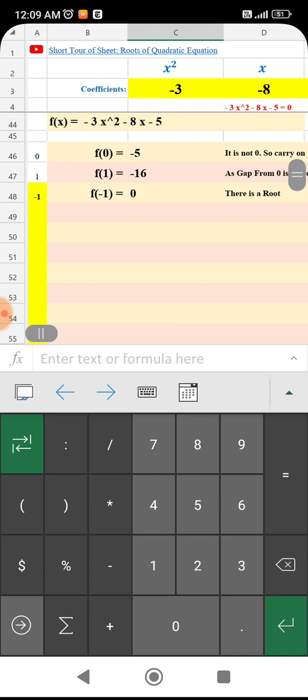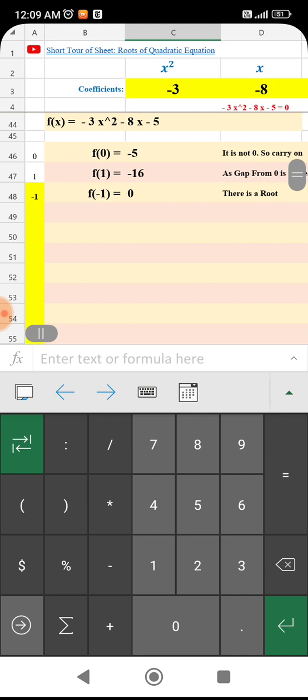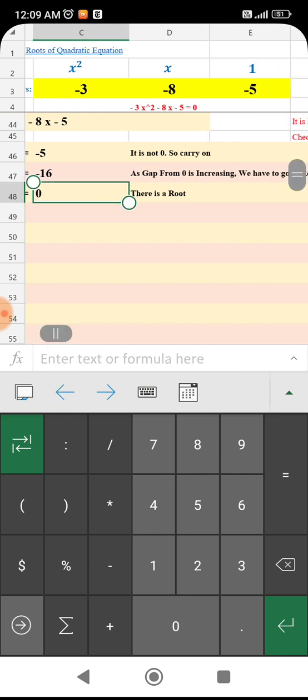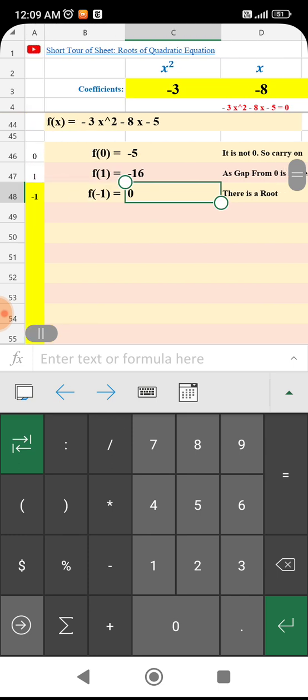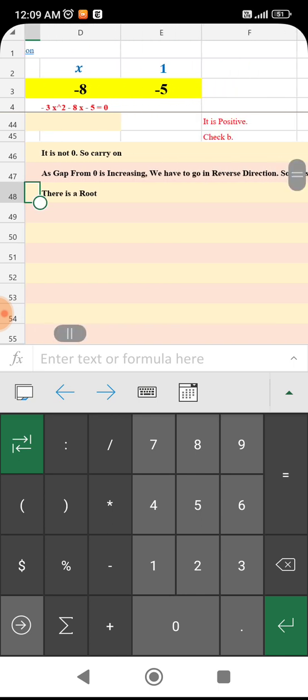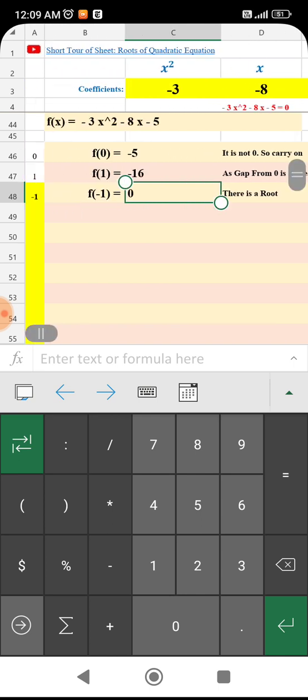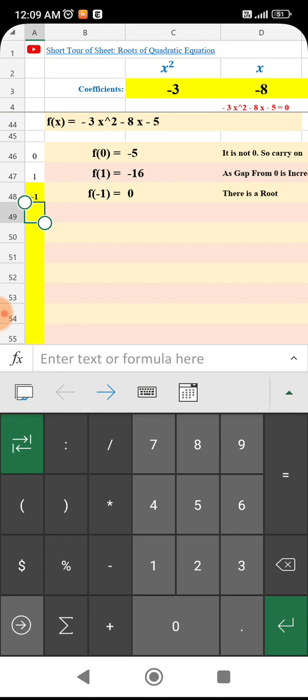Here is the trial method. Here you just put the value of x, and it automatically calculates your function value for that value, and thereafter you have to conclude yourself. It cannot decide by itself. You have to put the value and take the decision. Read these comments, and use the trial and error method.